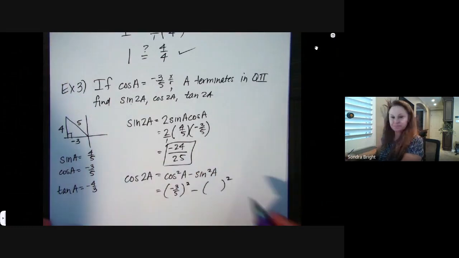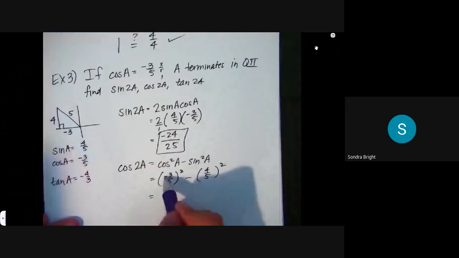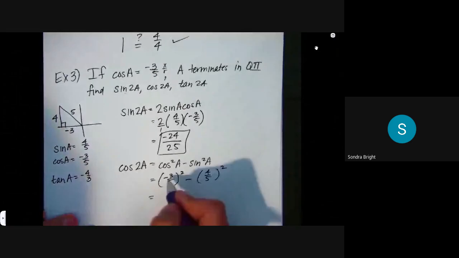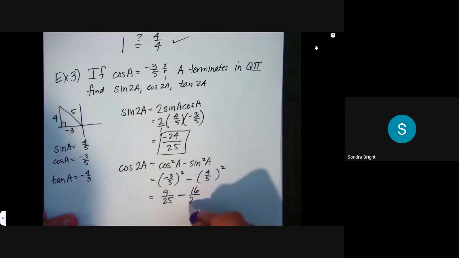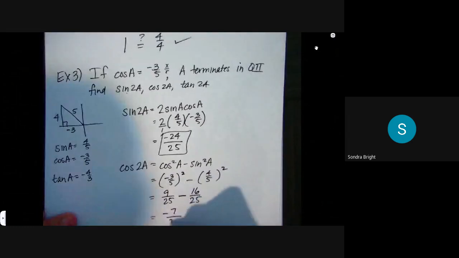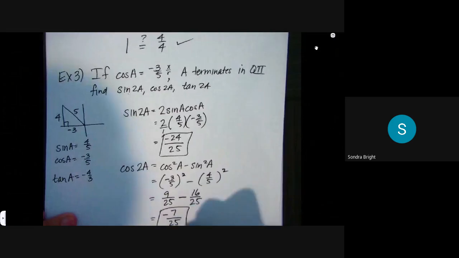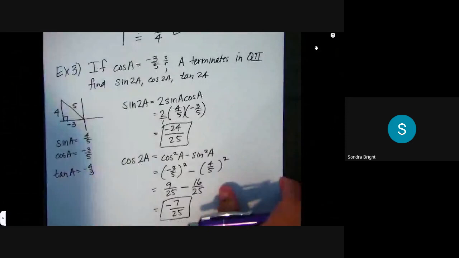When we square this, squaring that negative makes it a positive. 3 squared is 9, 5 squared is 25. Got the minus sign there. 4 squared is 16, 5 squared is 25. Then 9 minus 16, of course, is negative 7, over 25. So there's cosine of the double angle. Got one more: I need to do tangent of the double angle.